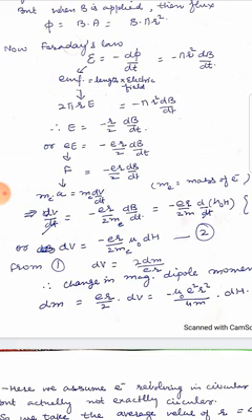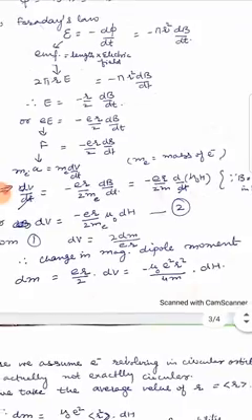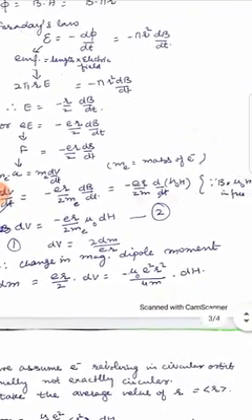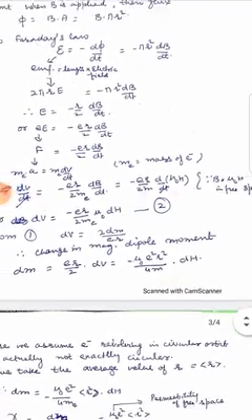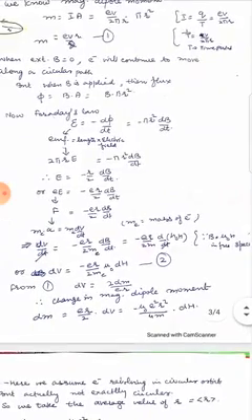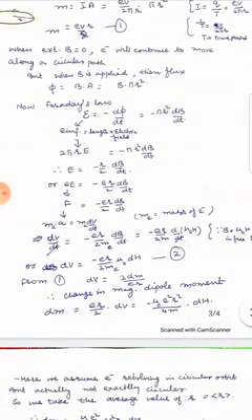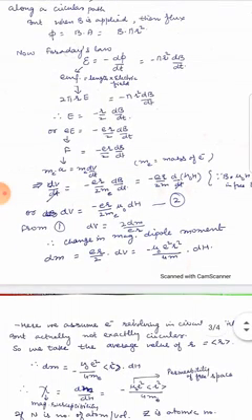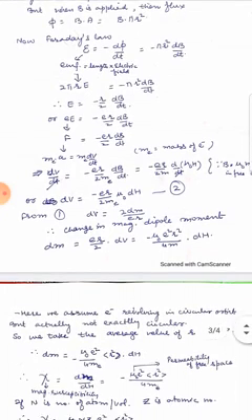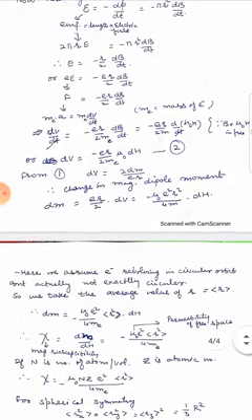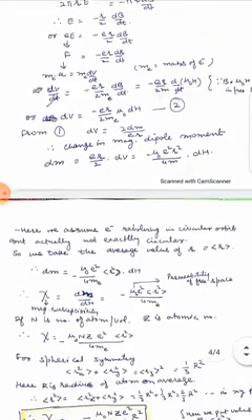Then upon cancellation we get dv is equal to minus e r upon 2 m e into dB. From this dv, the change in magnetic dipole moment dm is equal to e r upon 2 into dv, that is minus e r square upon 4 m into dB.